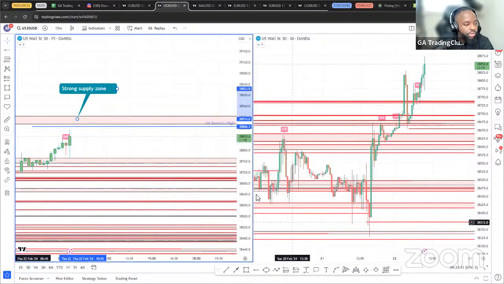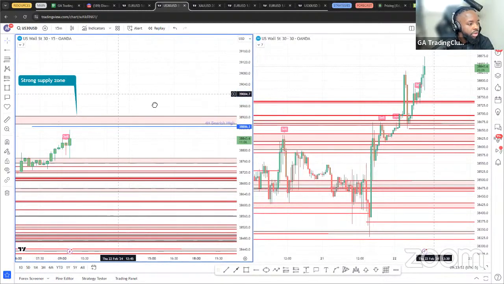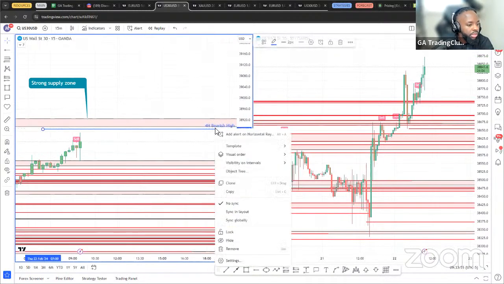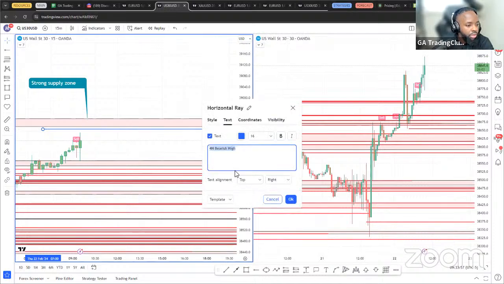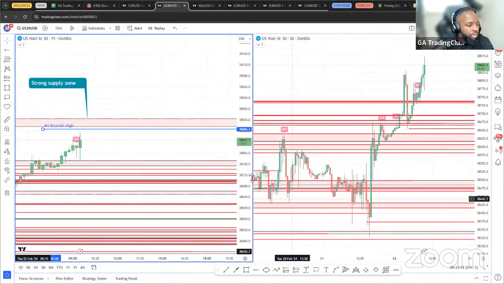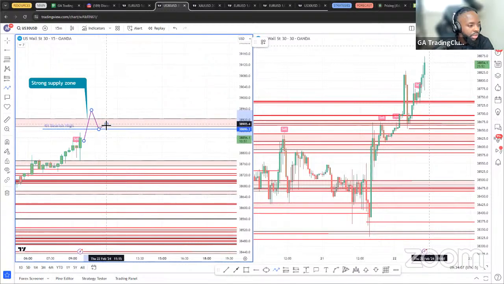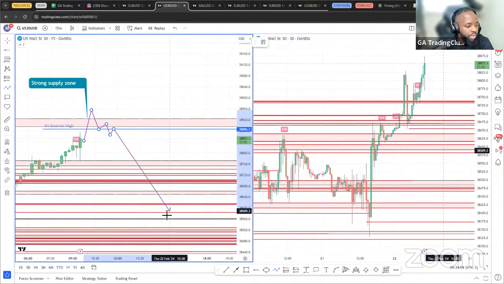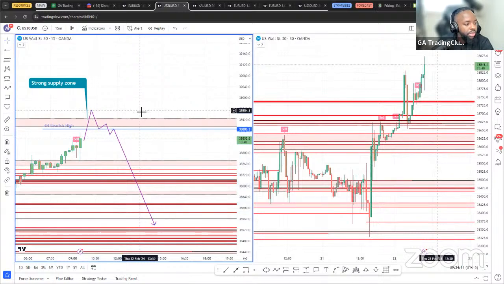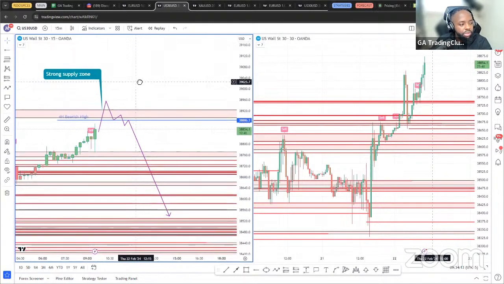What I would want to see in this zone is something of this sort. In here, you'd expect them to manipulate price up. So I'd want to see something of this kind, pick up liquidity here and come back this way. That's what I would want to see for US 30.